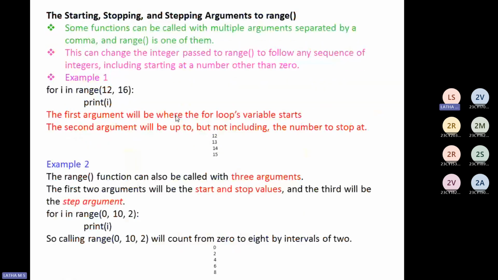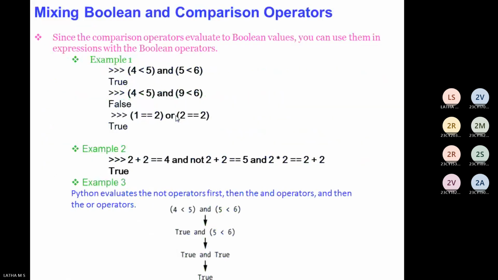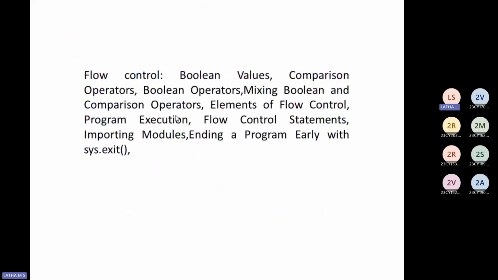So what did you learn in this? Your syllabus: flow control, Boolean values, comparison operators, Boolean operators, mixing Boolean and comparison operators, elements of flow control, program execution, flow control statements, importing modules, ending a program early with sys.exit.